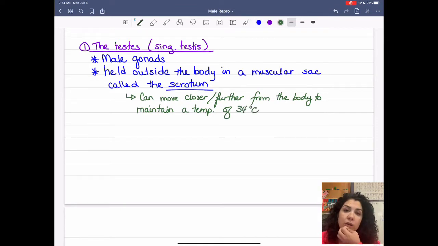As you know, the body temperature that we have is 37 degrees Celsius. Well, that's too hot for sperm. If sperm stay at that temperature for too long, then they die.